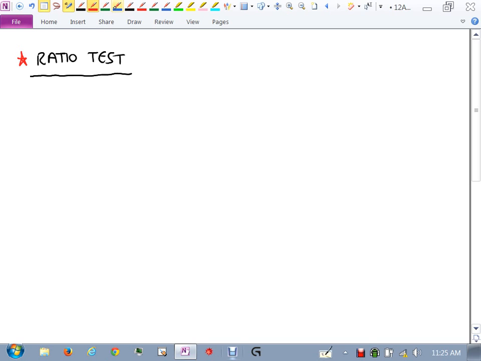So here's what the ratio test says. This is on your sheet, right? You're given a series.